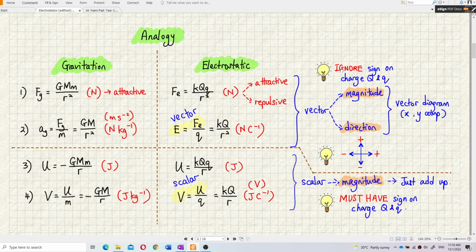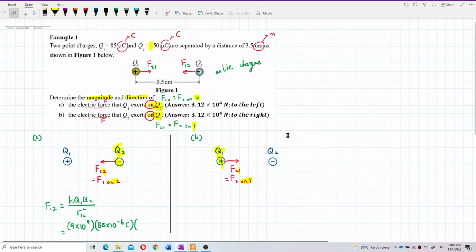Only when we talk about potential and potential energy, the scalar quantities, must you include the sign on the charge. So for vectors like force and electric field, you ignore the sign of the charge in the calculation. Remember this.